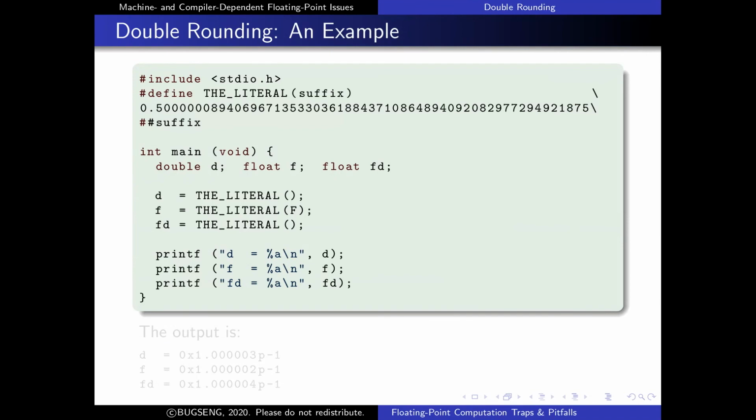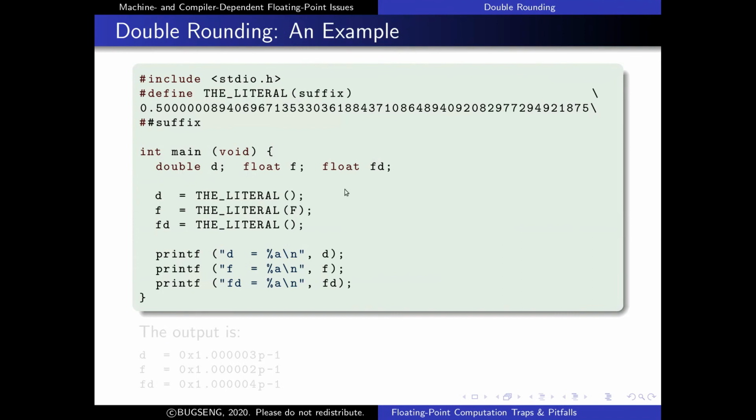In this program, I have used a macro, the literal, in order to write a very long floating point literal constant, optionally sticking a capital F at the end of it. A floating point literal, if you don't put any suffix, has double type.